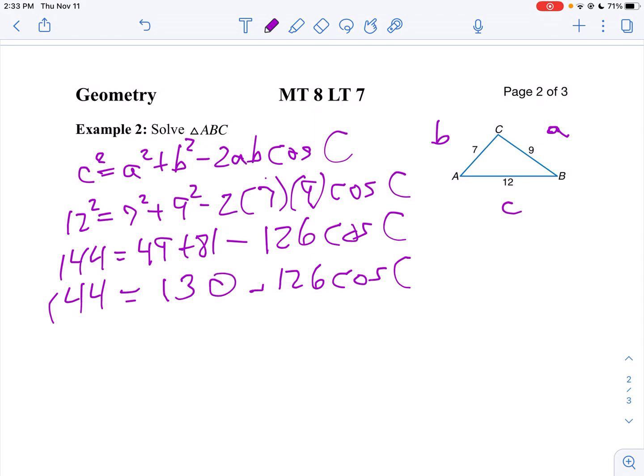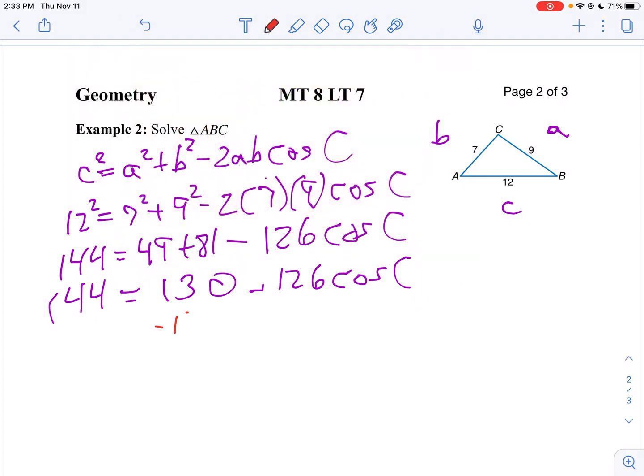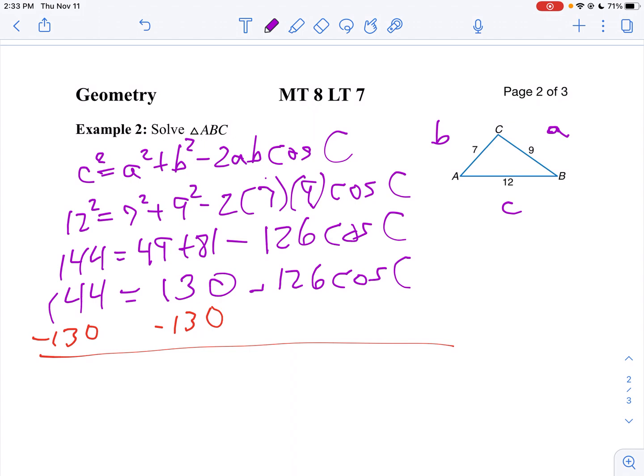We have to do the inverse operations. So the first thing we're going to do, let's move that 130 to the other side. So I subtract 130 from both sides. And I end up with 14 equals negative 126 times the cosine of angle C. So I divide both sides by negative 126.